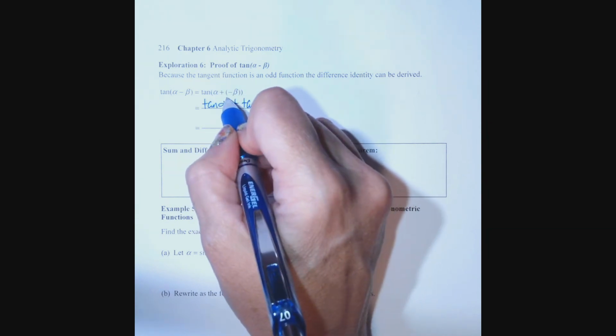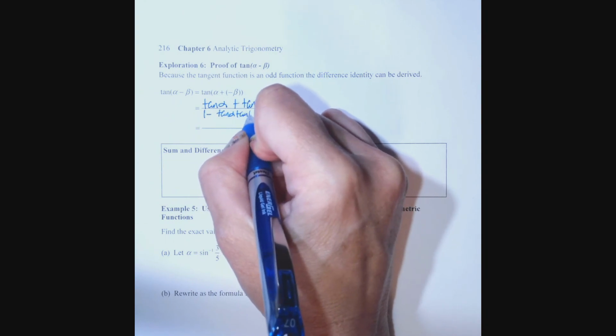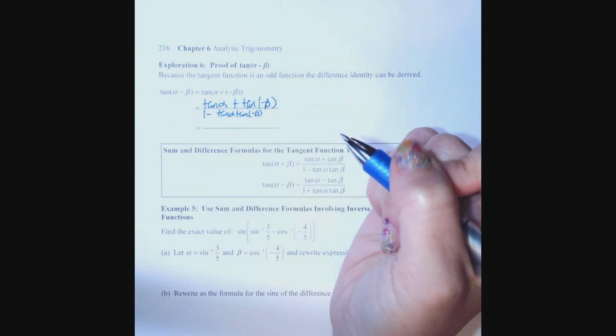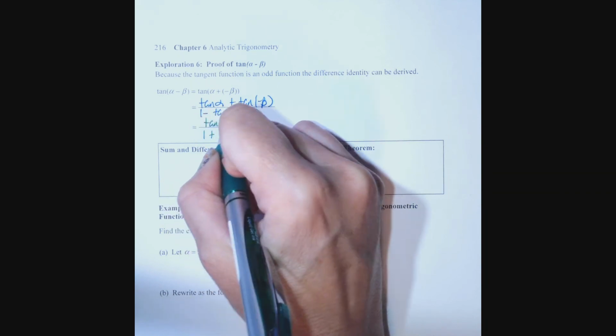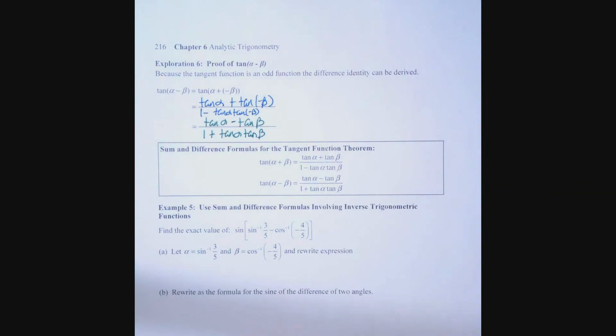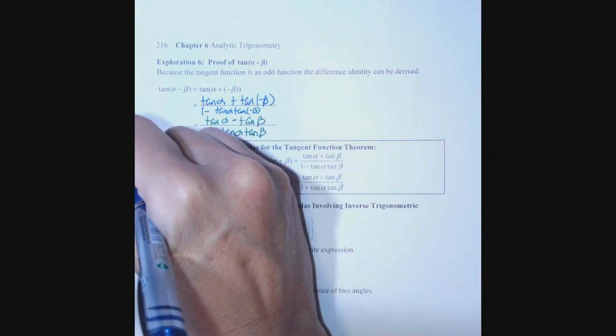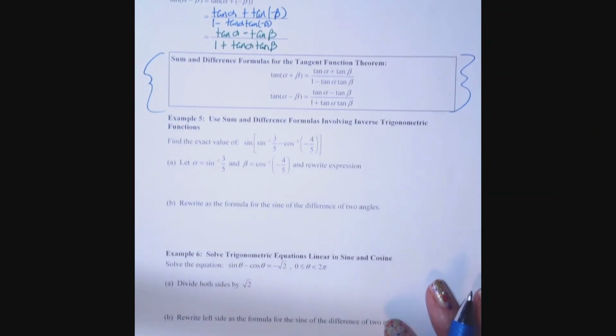But again, tangent is an odd function. So my numerator becomes tangent alpha minus tangent beta, and my denominator becomes 1 plus tangent alpha tangent beta. And here we go. Both the sum and difference identities that we just derived, all in a nice little box for you.